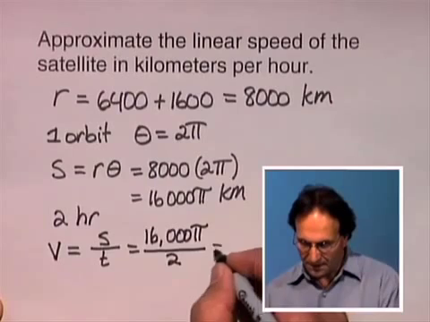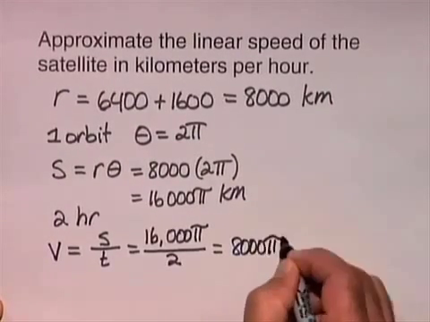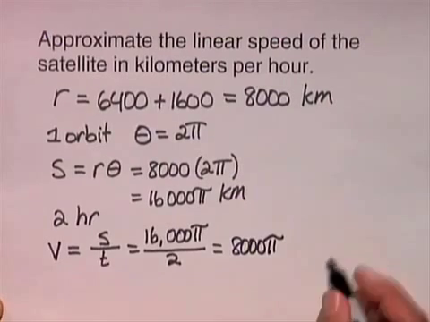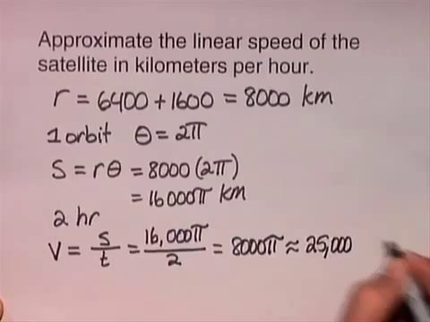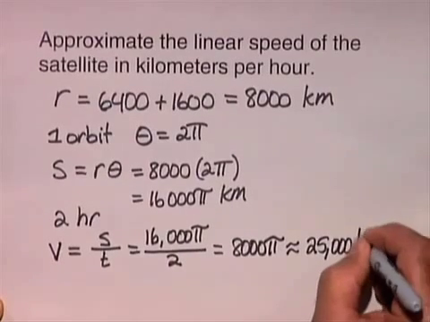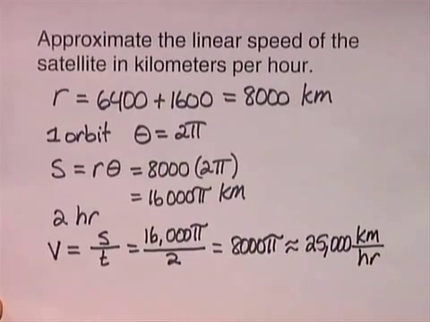And so this would be equal to 8,000 pi, which we can then approximate 25,000, and it's kilometers per hour.